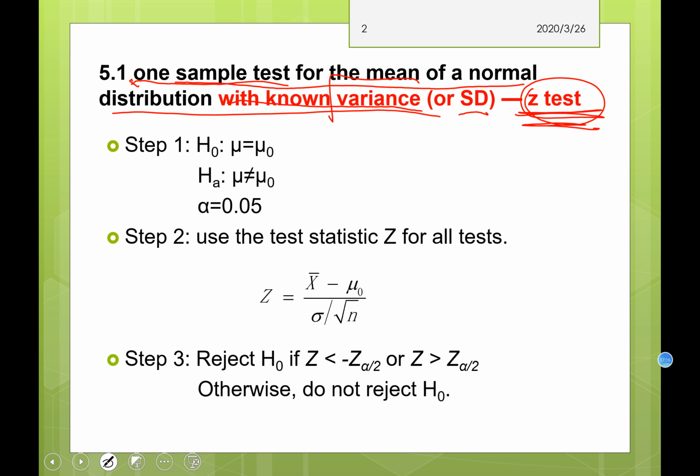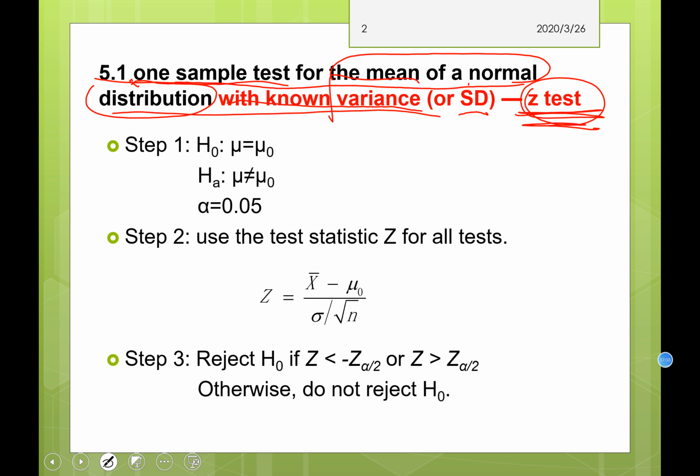Under these conditions, we can use z-test. So what's the meaning of normal distribution? The mean follows a normal distribution. What's the meaning of that? I will explain that later when we are talking about the t-distribution.